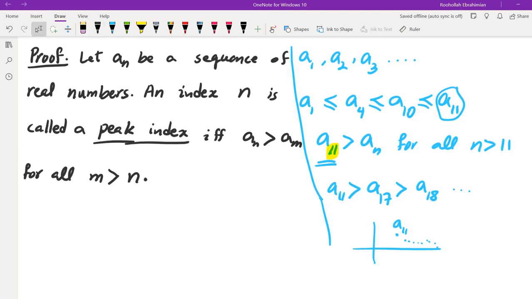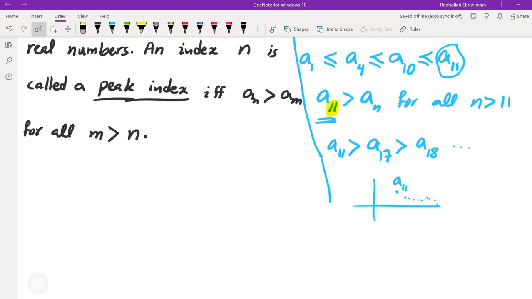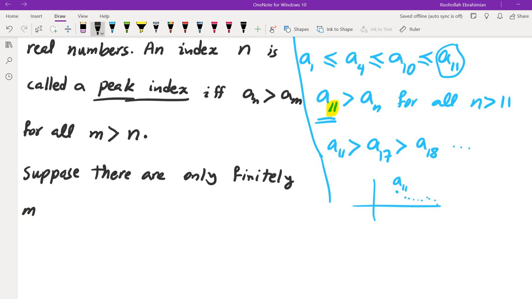So as we discussed, if there are only finitely many of these terms, then I can create a sequence that is increasing. So suppose there are only finitely many peak indices.